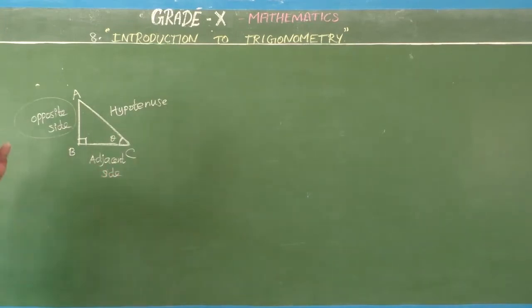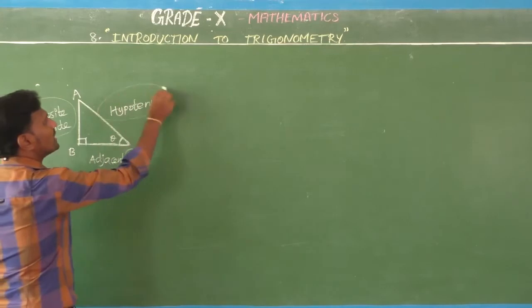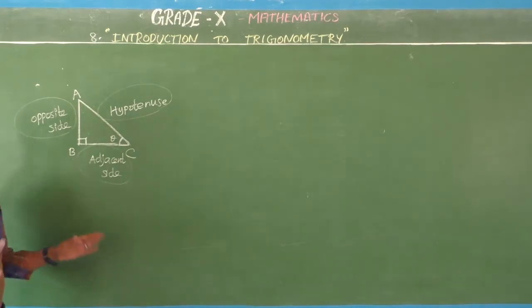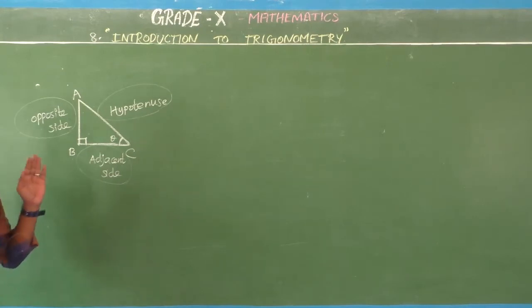So totally you have 3 sides: one is the hypotenuse, next is the opposite side, and third is the adjacent side. So see, students, the hypotenuse is constant. What is that? The side opposite to the right angle. Yes, students. The hypotenuse is always opposite to the right angle, but the opposite side and adjacent side may vary in some places.